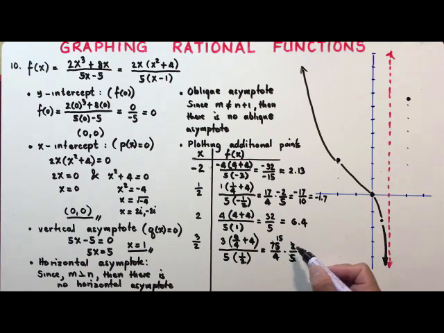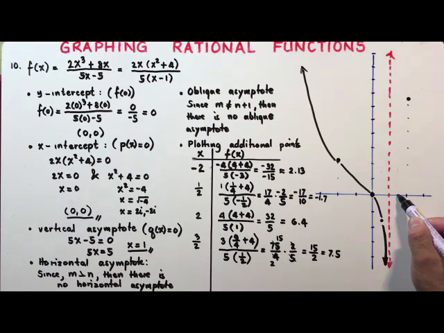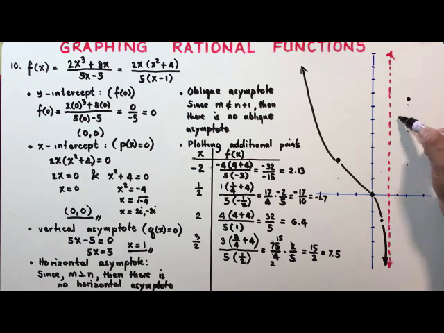And the 2 here will be cancelled with this one. We have a 2 here. So we have 15/2. Or in other words, that is 7.5. So when your x is 3/2, so here, your y is 7.5. 1, 2, 3, 4, 5, 6, 7.5.